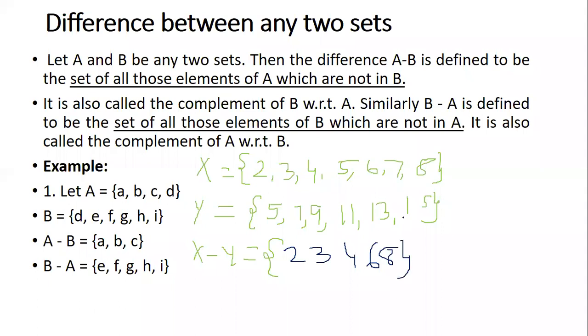Good. See, 5 is there, 7 is there. Leaving these two numbers, we get 2, 3, 4, 6, 8. That is X minus Y. Good. Now what is Y minus X?